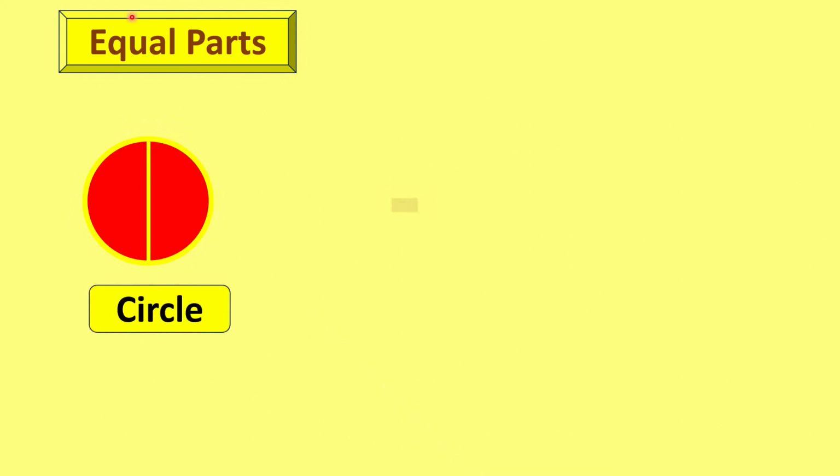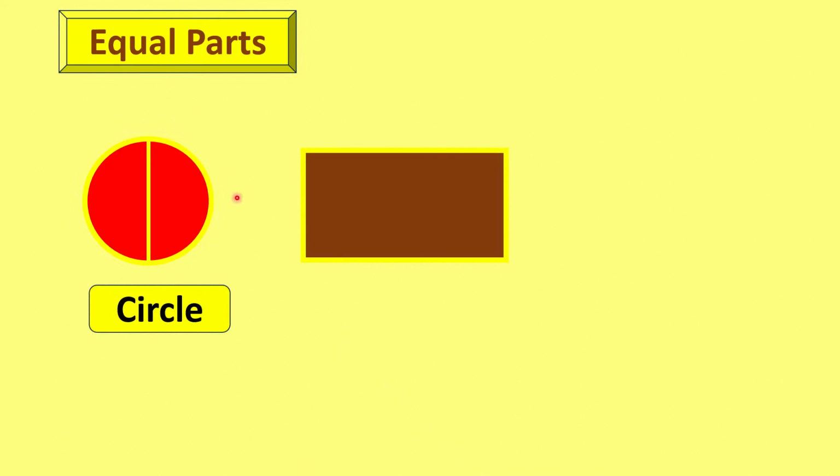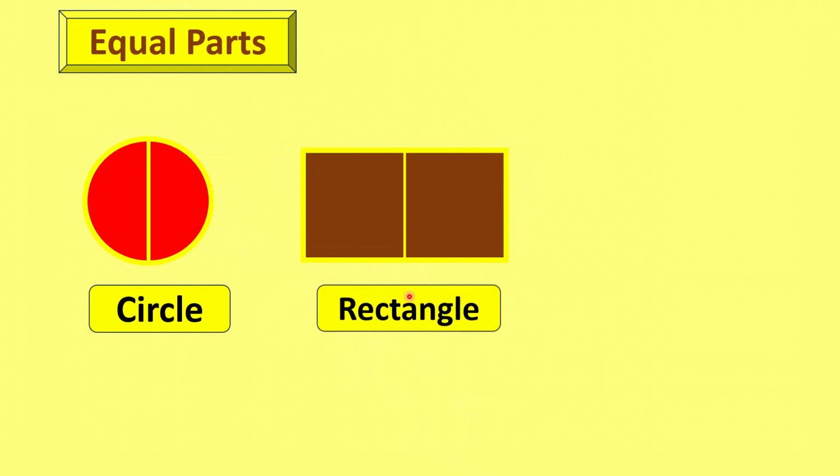Now again we are talking about equal parts, and from here our topic starts. It's a circle. If we cut it, we get equal parts. It can be any shape. And if we cut it at the center, we get equal parts. Look at the third image.